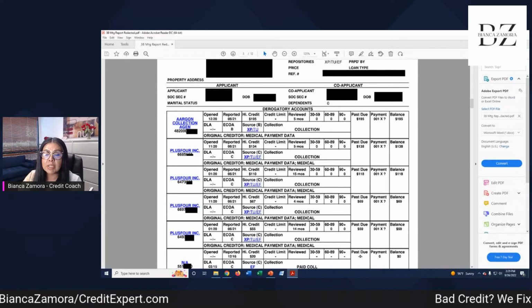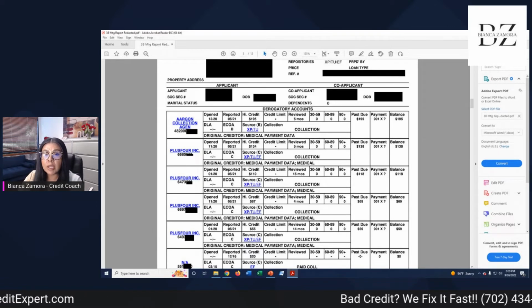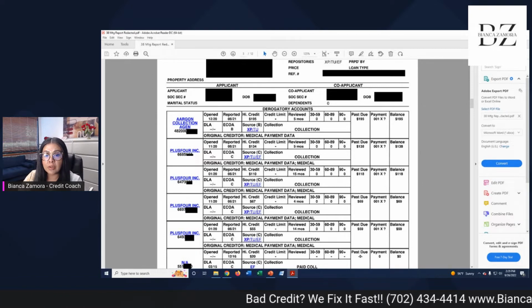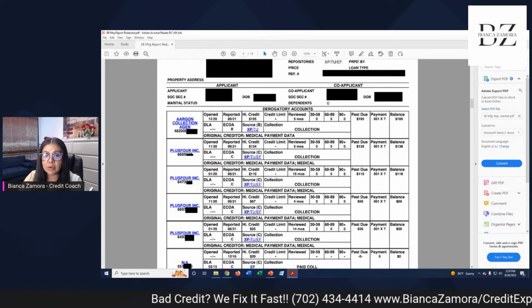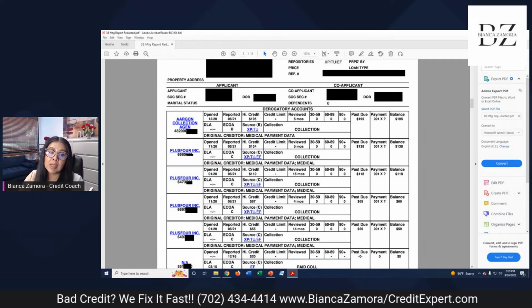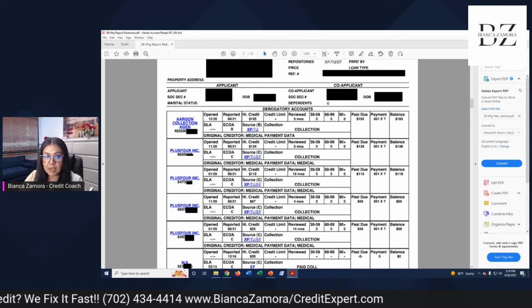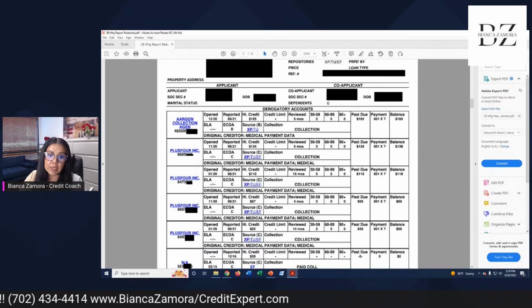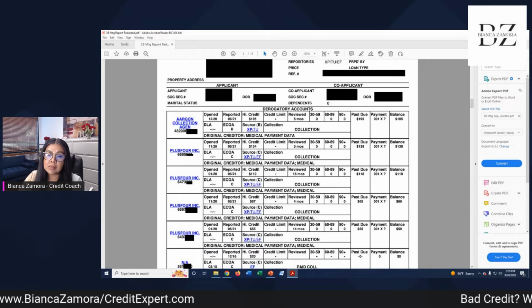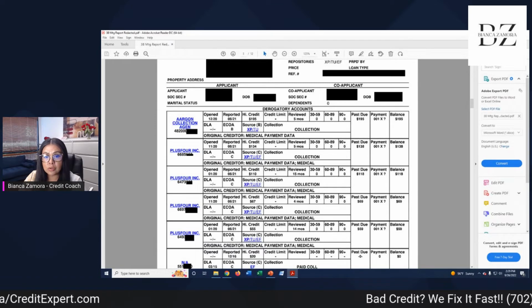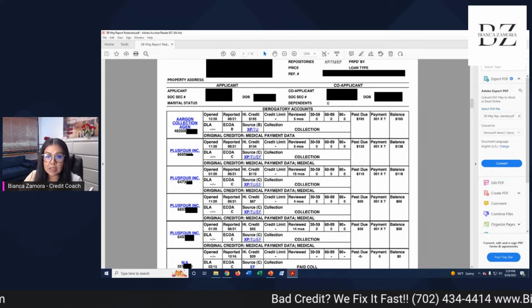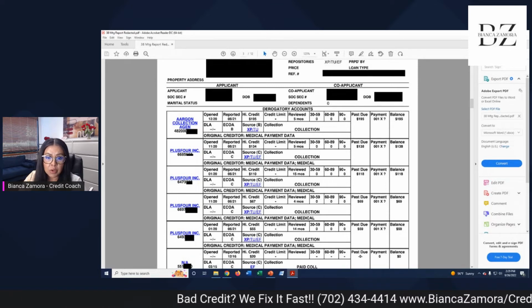But if you do have, let's say, a credit card and you have a 1 here under the 30 to 59, that means you were late one time between 30 and 59 days late. Next to that is 60 to 89, so that's 2 to almost 3 months late. This one has 0. Again, you can have 1 or 2 or more.